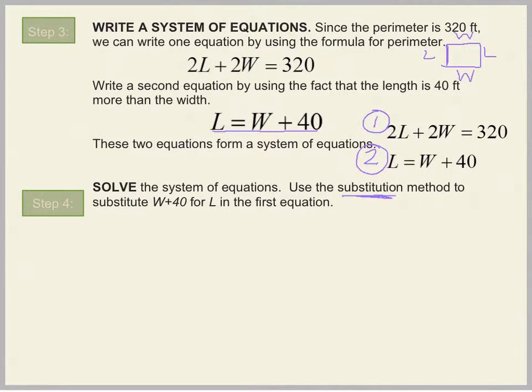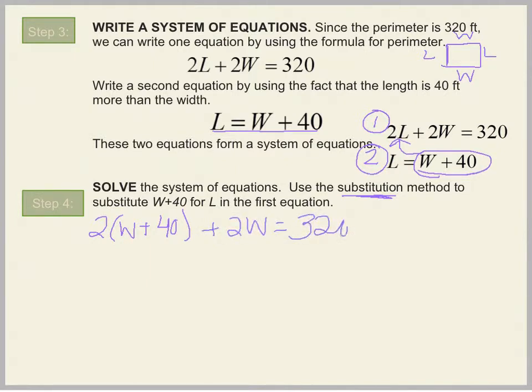I know that my length equals my width plus 40, so I'm going to plug that into my first equation. My new equation then is twice the length, which I'm going to rewrite as W plus 40, plus 2W equals 320.